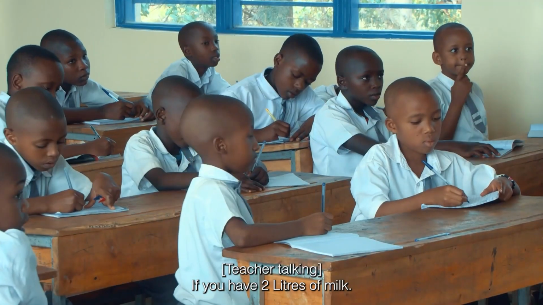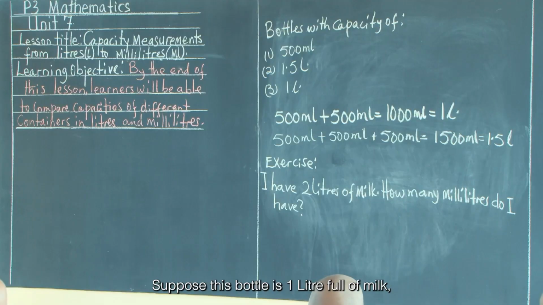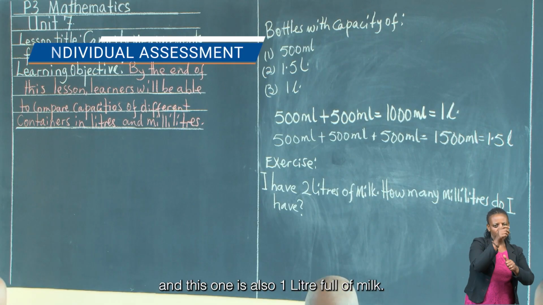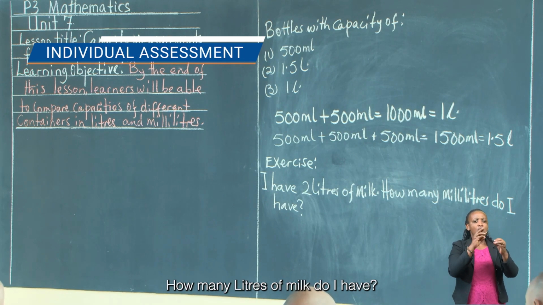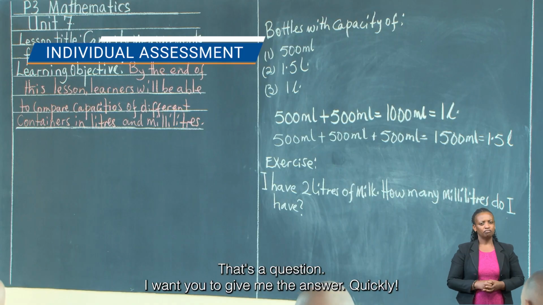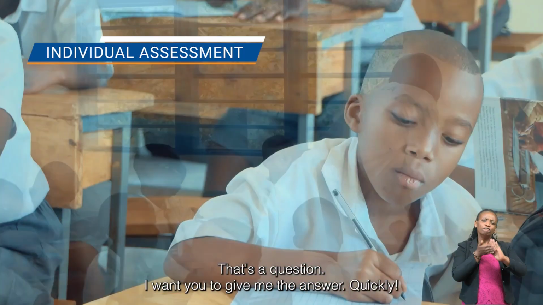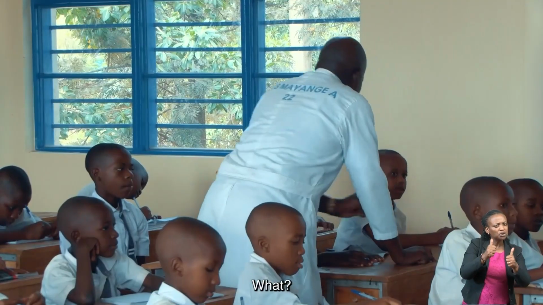If you have 2 liters of milk, suppose this bottle is 1 liter full of milk, and this one is also 1 liter full of milk. How many liters of milk do I have? That's the question. I want you to give me the answer. Quickly. Put on the units.